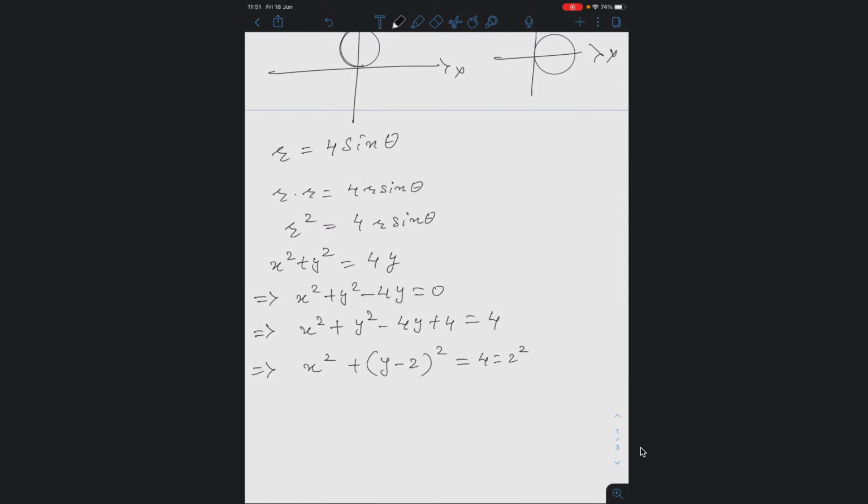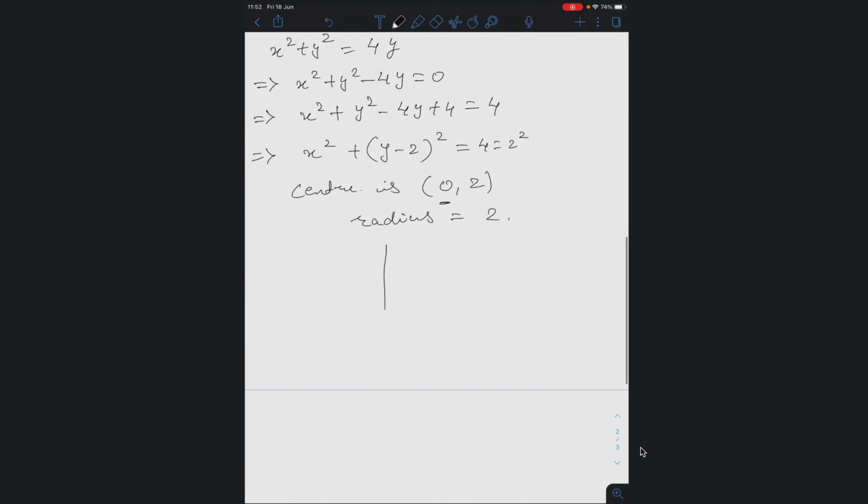Now tell me, this is the equation of the circle which I have obtained. So what is the center here? Center is 0, 2. When I say 0, 2, the x value is 0, which means the circle is on the y-axis itself. And what is the radius here? 2 units.